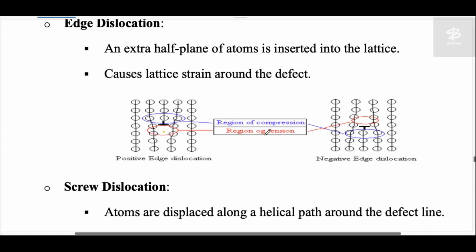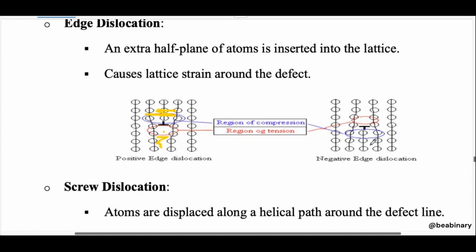So the region where the compression has occurred, and the region of tension. At the top you can see here it is in the form of compression, and here it is in the form of tension.